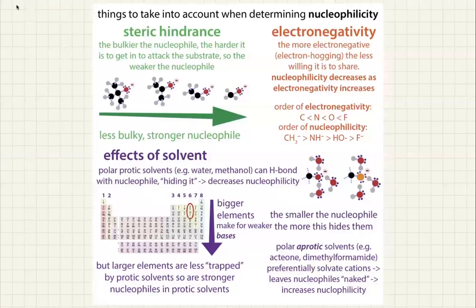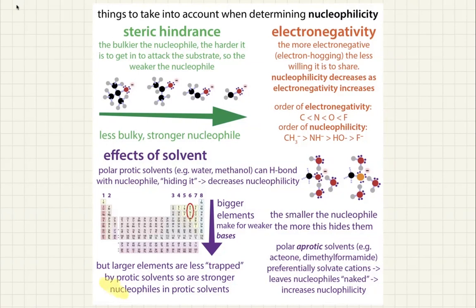Some other things to take into account when determining nucleophilicity are steric hindrance. Basically, the bulkier the nucleophile, the harder it is to get in to attack the substrate, so the weaker the nucleophile. We talked about the effects of the solvent already. Larger things are going to be less trapped by polar solvents, so they are stronger nucleophiles.